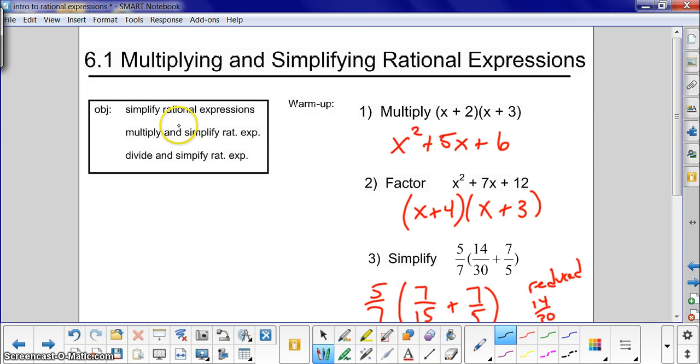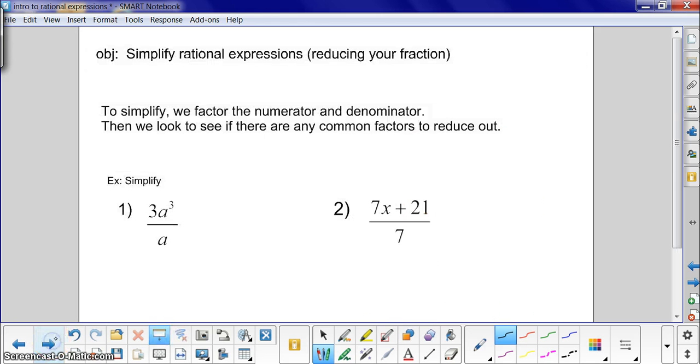Today we're going to simplify fractions, multiply, and then simplify fractions, and then divide and simplify fractions. So you can see simplifying is going to be a key concept we focus on. Alright, well, let's get to it.